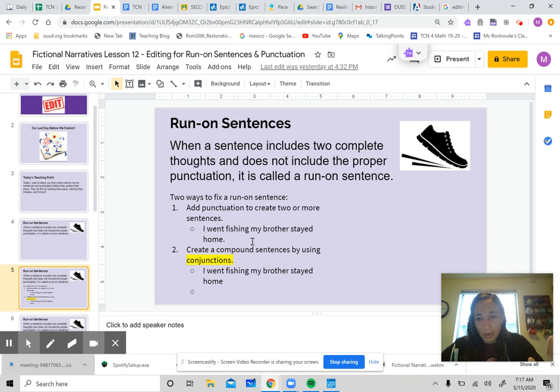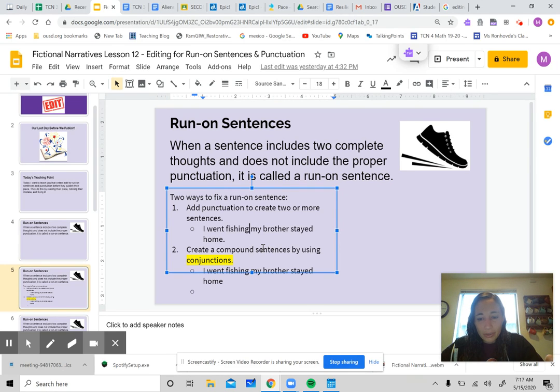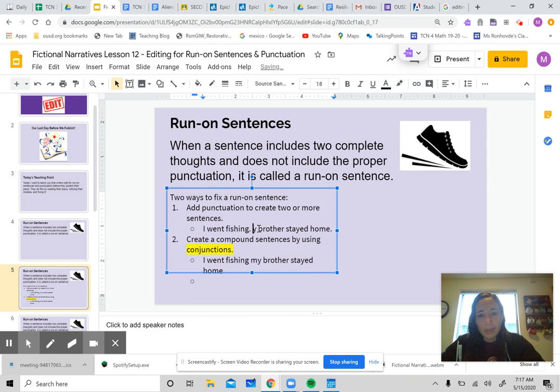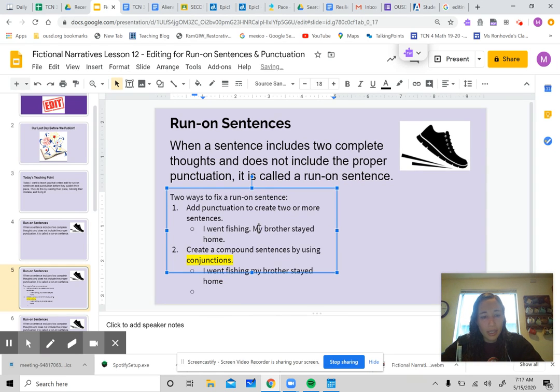I went fishing, my brother stayed home. Some of you are already thinking, oh yes, I can put my period right here. After a period comes a capital letter. So I put my period, capital letter. I'm just going to edit that right in my document and put the capital in.